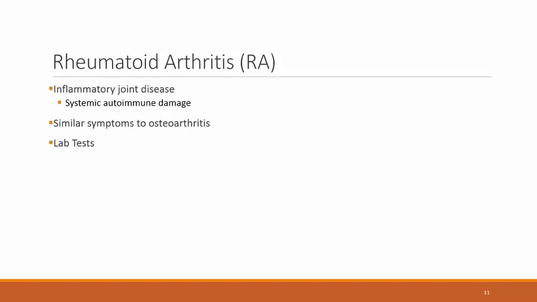The difference between osteoarthritis and rheumatoid arthritis is how the joints are affected in the hands. Osteoarthritis, as a rule of thumb, affects the working joints in the hands, by which I mean the distal and proximal interphalangeal joints, and it will cause swelling and pain.